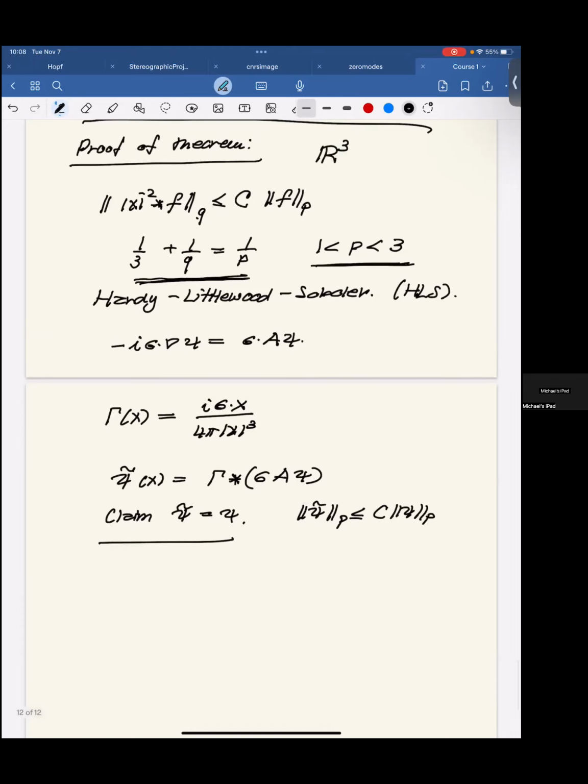Because you see, the psi is in LP. The sigma A psi is in LQ because this is precisely this relation of Hölder's inequality, right? And then what does the gamma do? Well, that's the convolution. Am I saying this right?